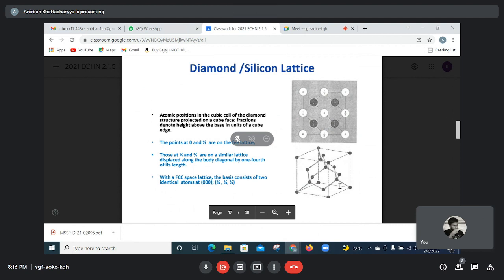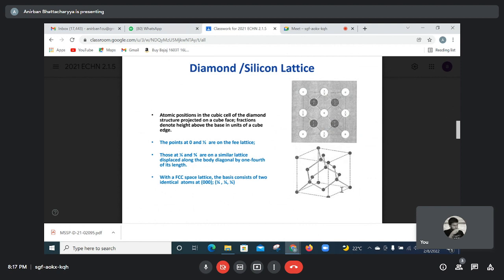So if it was a simple cubic, you'll have only atoms in the corners. If it was a face-centered cubic only, you'll have atoms at the corners and the center of faces. But this one, the silicon lattice, all of this discussion builds up to the fact that we are now talking about a silicon lattice. A silicon lattice has atoms both at the corner and the center of faces, but there are three more atoms inside.